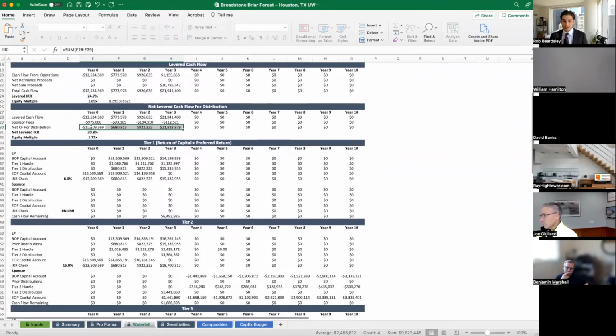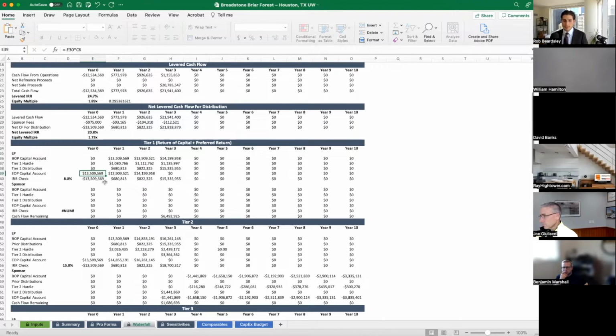So again, focusing here, what's the first number in this distribution schedule? We have the outflow, right? The initial investment of 13.5 million in this case. So the way I do it is I basically have a year zero where I start the end of period capital account as 13.5. So what is the capital account?